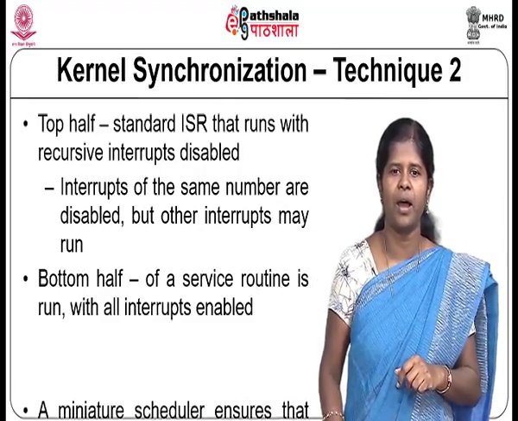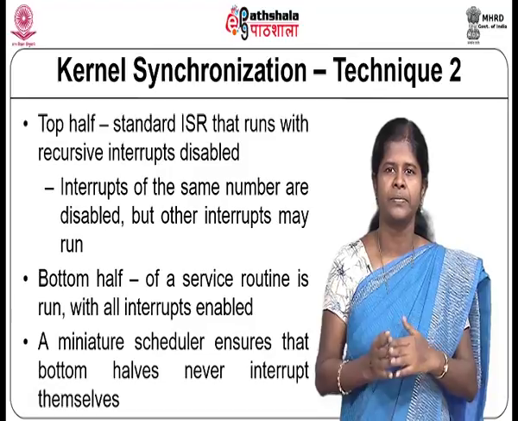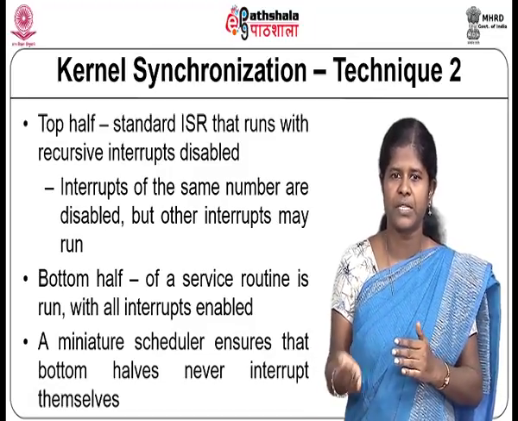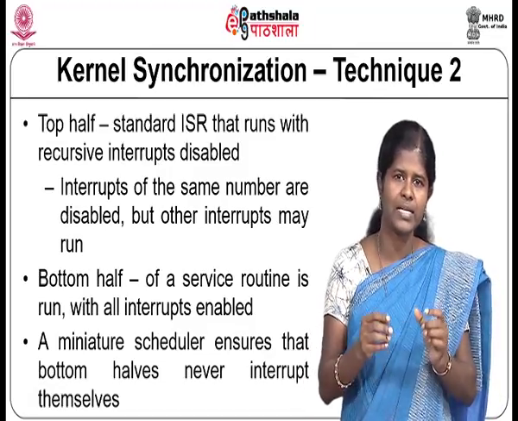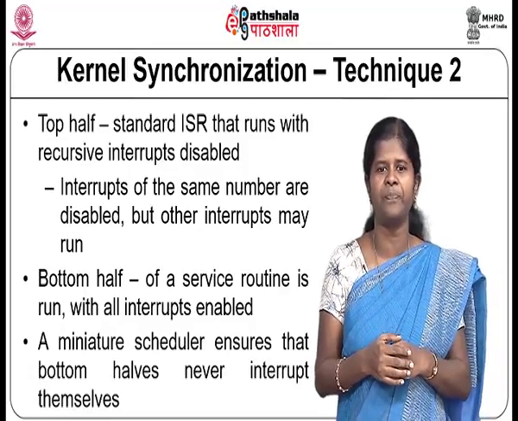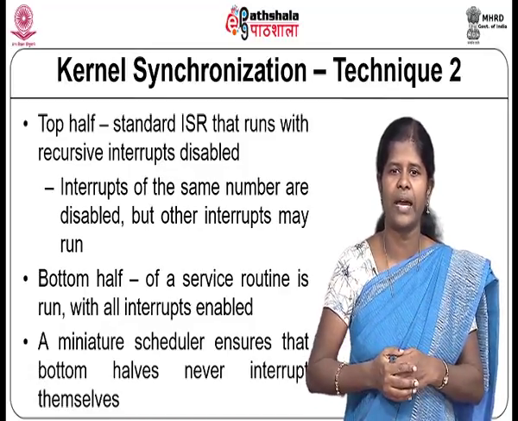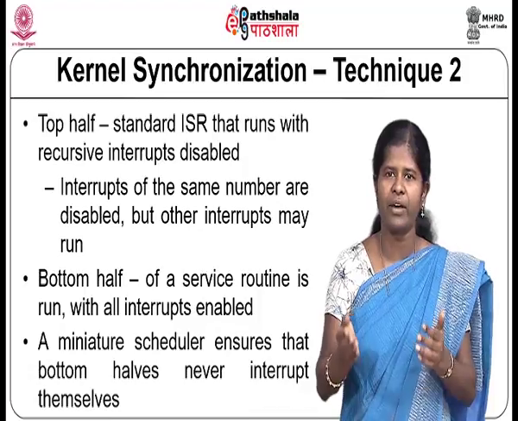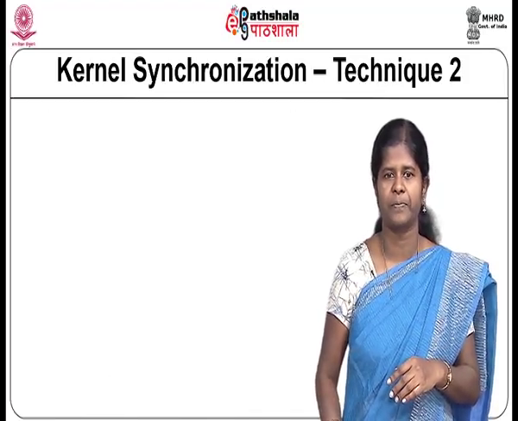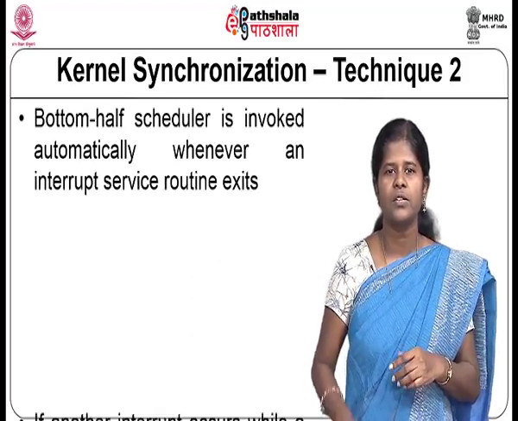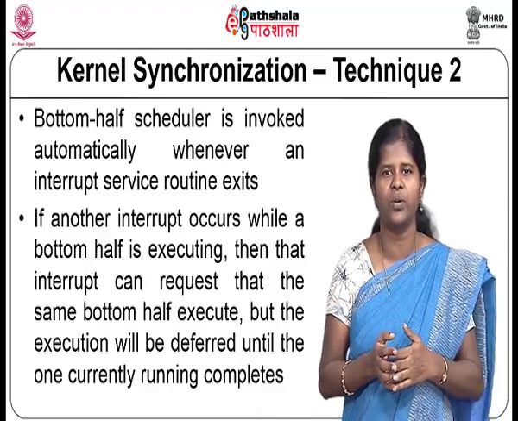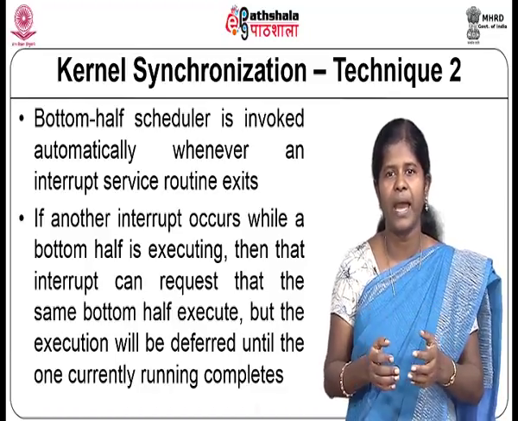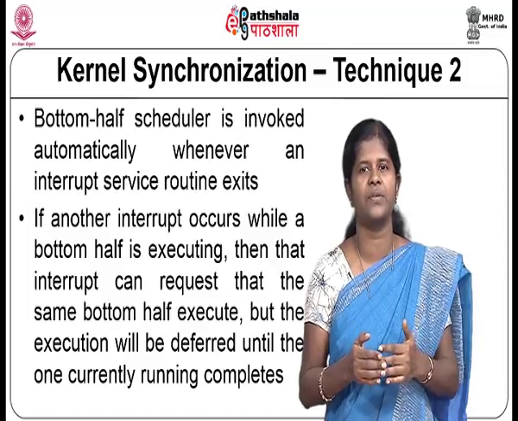So, the bottom half of a service routine is run with all the interrupts enabled, and there is another small miniature scheduler which will ensure that the bottom halves will never interrupt themselves. The bottom half scheduler, as I told you, is invoked automatically whenever an interrupt service routine exits.